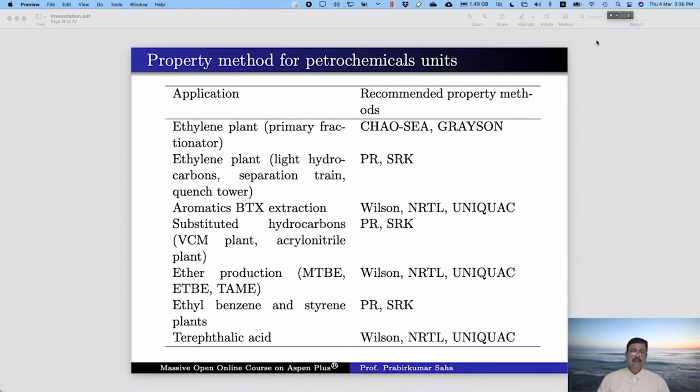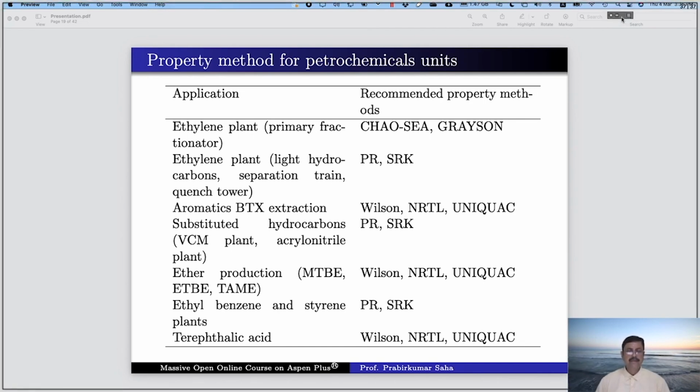To continue with the suggestions and recommendations, we have the property method suggestions for petrochemical units. Several applications are suggested, like for an ethylene plant primary fractionator, we can use the Chao-Seader and Grayson packages. Chao-Seader means the Chao-Seader fugacity model.